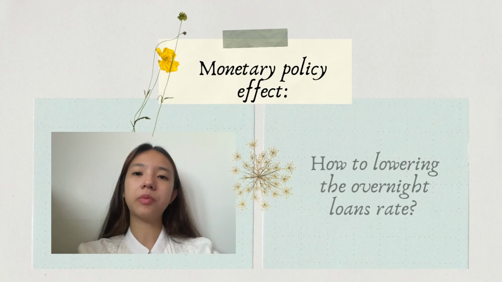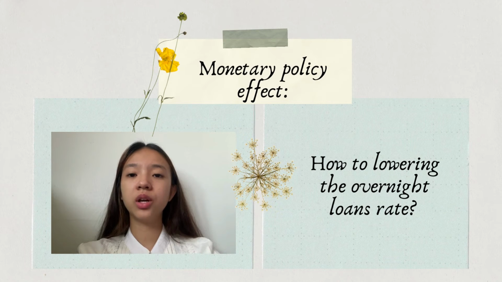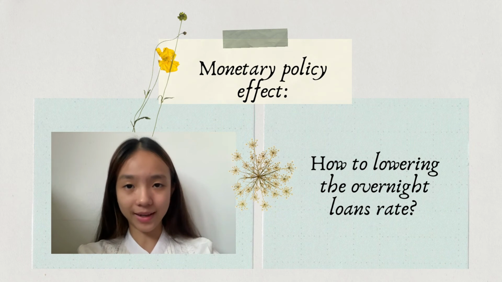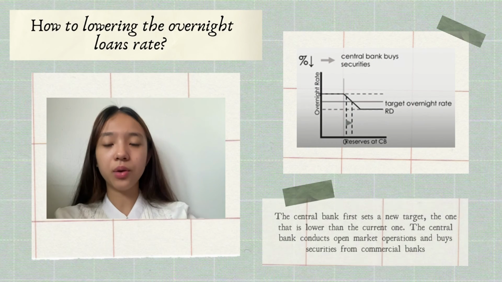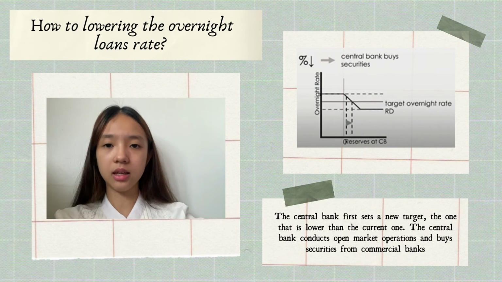As for the monetary policy effects, how do we lower the overnight loan rate? The central bank first sets a new target, one that is lower than the current one, and the central bank conducts open market operations and buys securities from commercial banks.